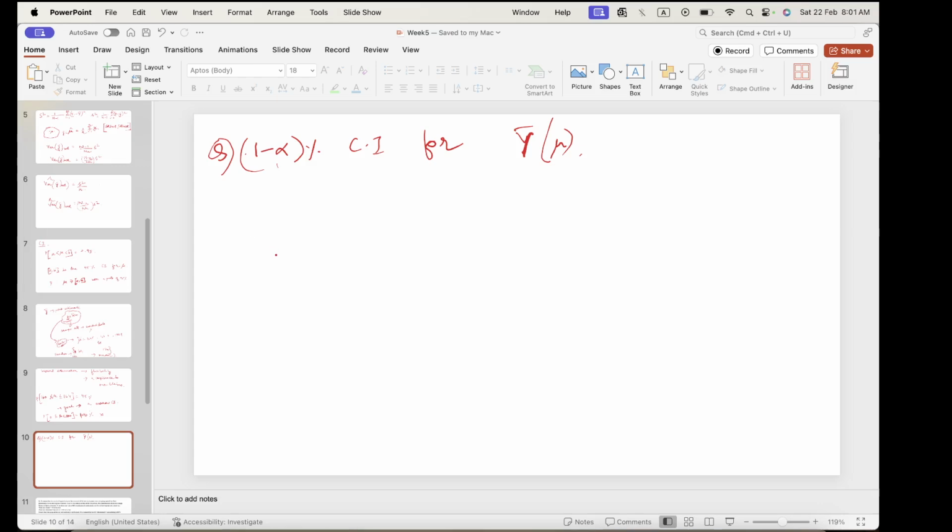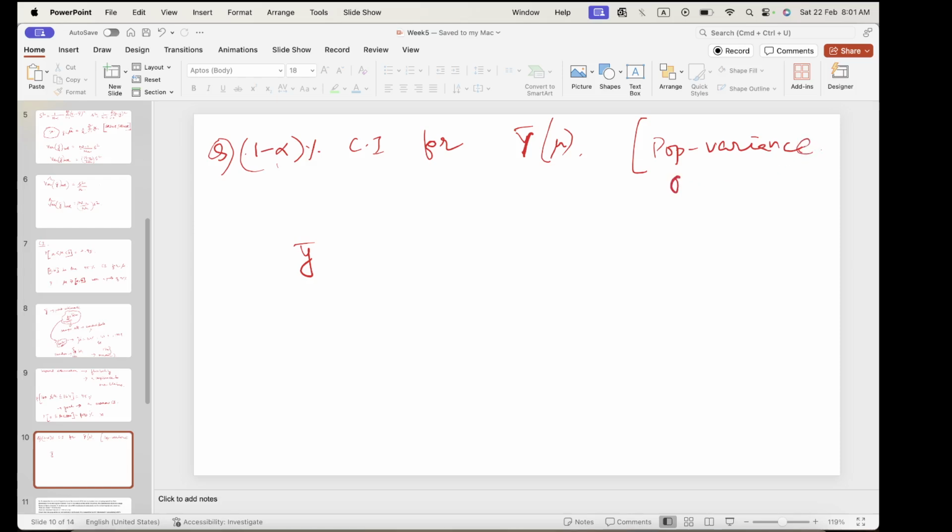It should be Y bar, and let's say the population variance. This term will vary depending on whether the population variance is known or unknown.